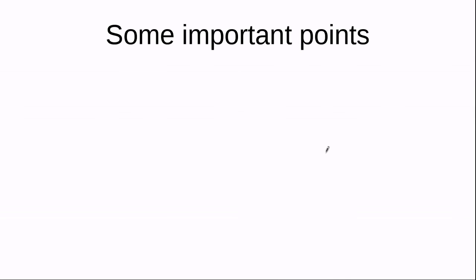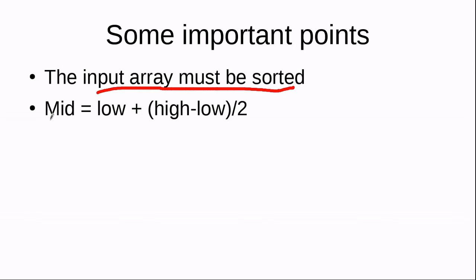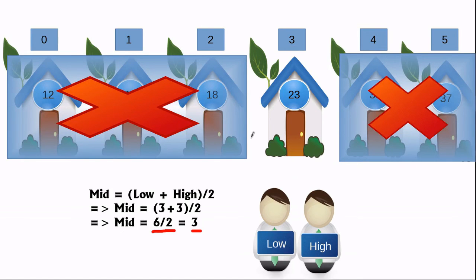Before closing this video, there are some important points that I want to discuss. The first point is that the input array must be sorted. Binary search will not work if the array is unsorted. The second thing is that in my previous slides, I used low plus high by 2 to calculate the mid, but sometimes, if our array's length is very large, or the search space is very large, it may cause overflow or underflow conditions.